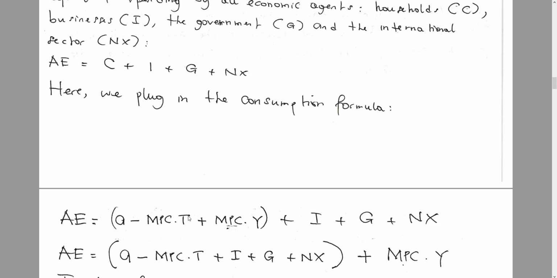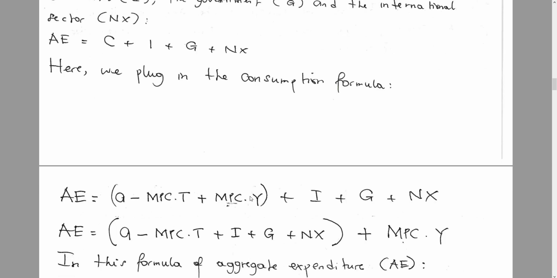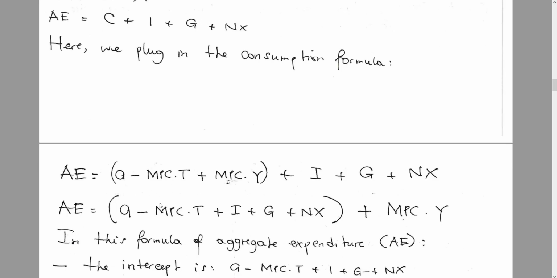And everything else, I just put it in parentheses. Okay, so now, even though it looks longer, this is exactly like y is equal to a plus bx, that simple linear function that we talked about at the beginning. It's exactly the same. Just that now we are expressing aggregate expenditure as a function of real income.